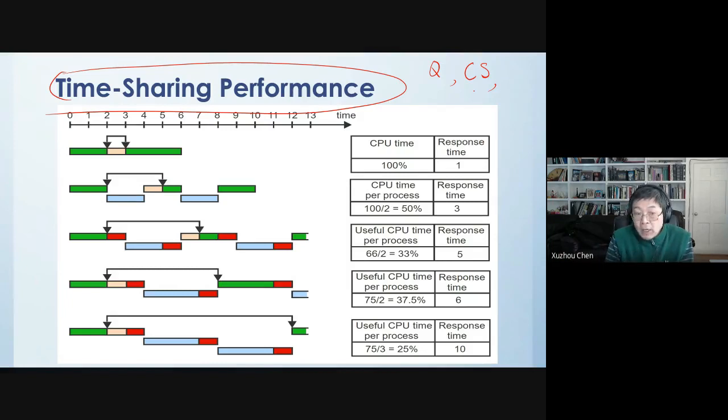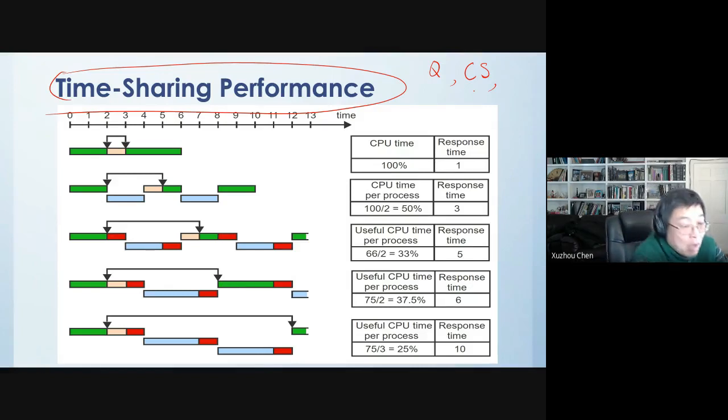If the context switching time is relatively big compared with the time quantum, then you cannot ignore it. Because it frequently does context switching, if you accumulate all this context switch time, you cannot ignore it. So the context switch time is also important.